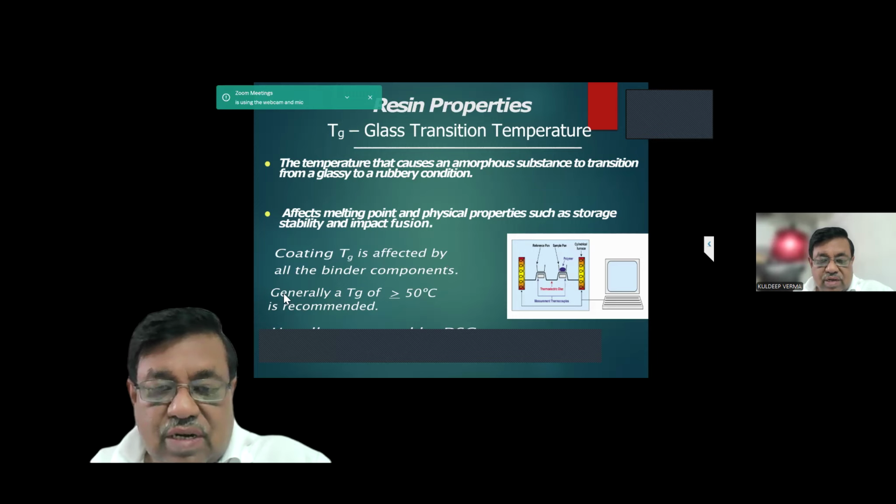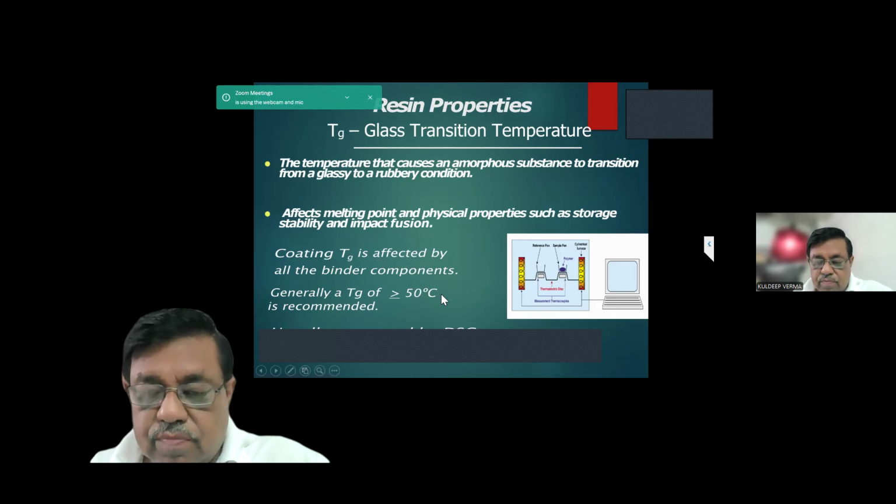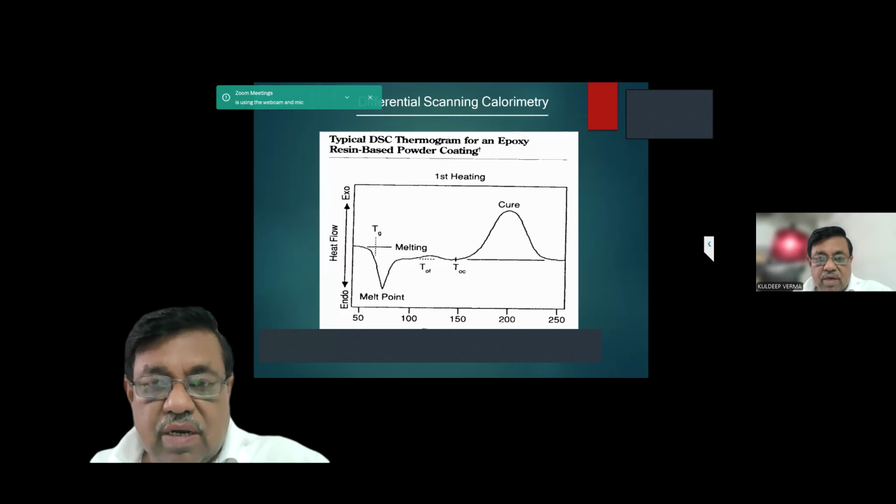The coating Tg is affected by all binder components. Generally, a Tg should be more than 50. And this Tg is calculated by an instrument called DSC, differential scanning calorimetry. This is a typical graph.